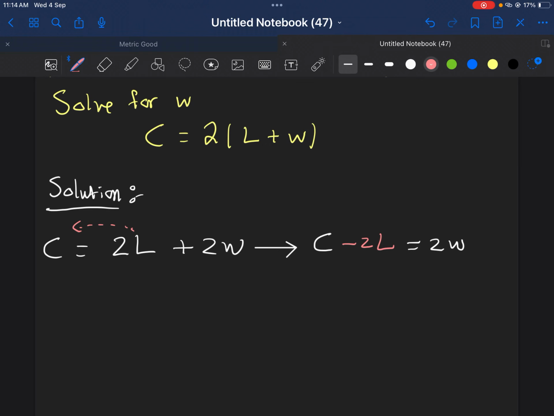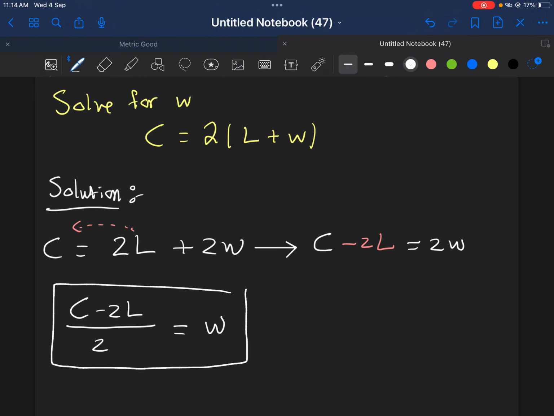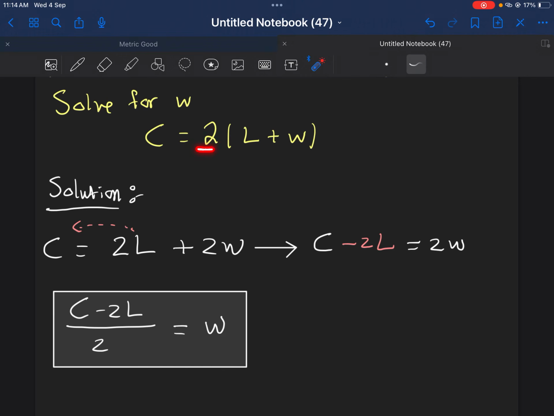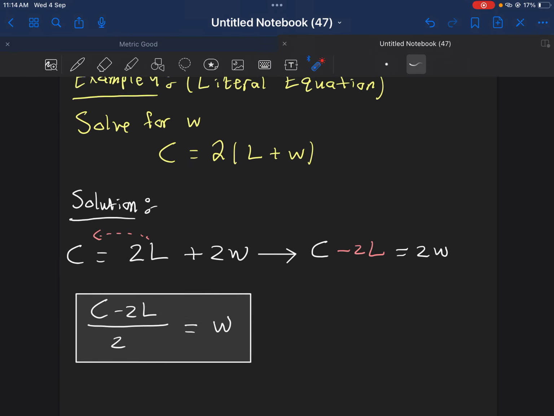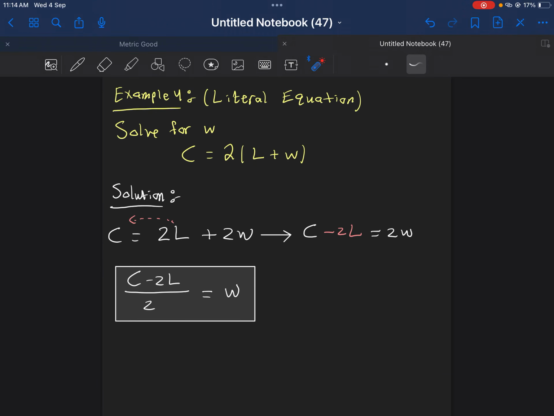So all you need to do is C minus 2L divided by 2, and that will be just W. And that's what we call solve for W. Of course, from the beginning you can divide by 2 and get rid of this 2 and then take L to the other side. That's absolutely fine. You get the same answer as this one. This is what we call a literal equation.